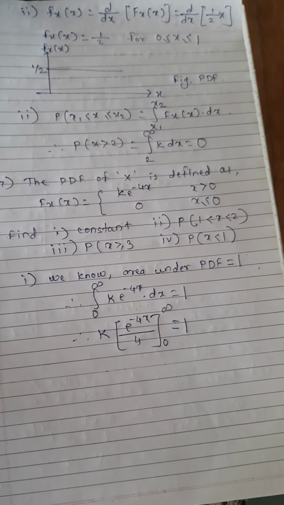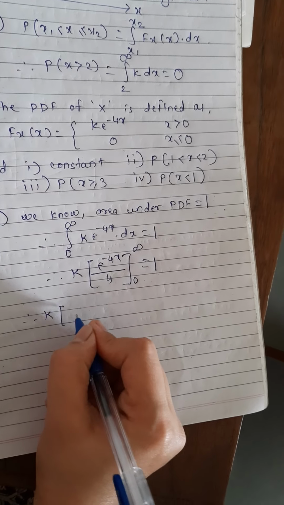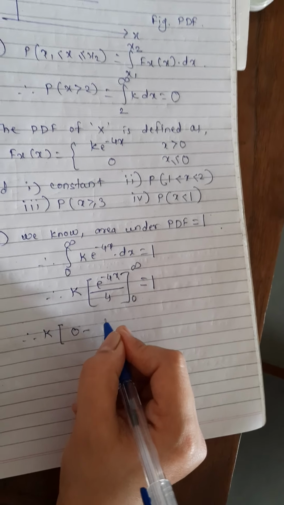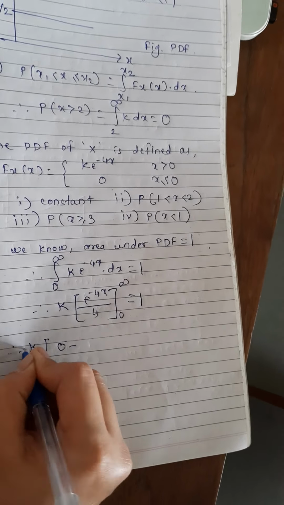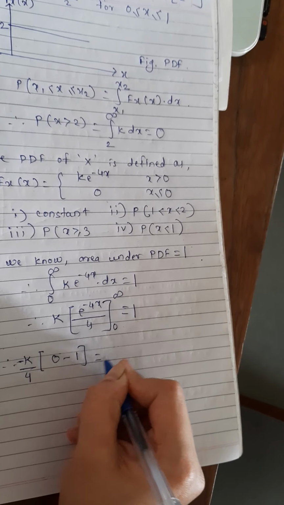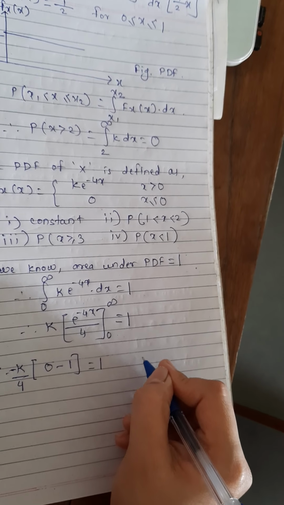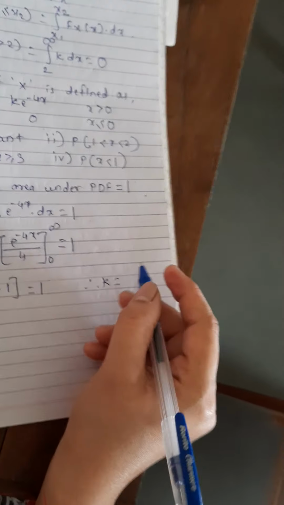So we solve it now. k is constant, e raised to infinity is 0, minus 1, which is equal to 1. So k is equal to 4.